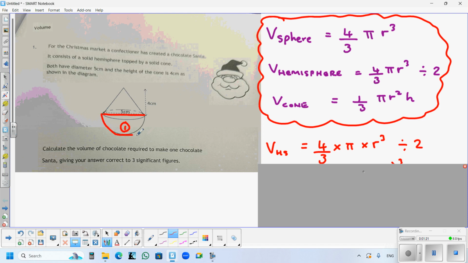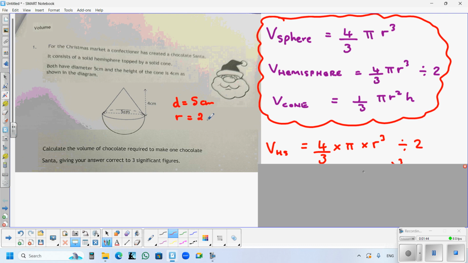I don't want the diameter as 5. I want the radius. So to get the radius, we halve the diameter. So the diameter is 5, the radius must be 2.5.